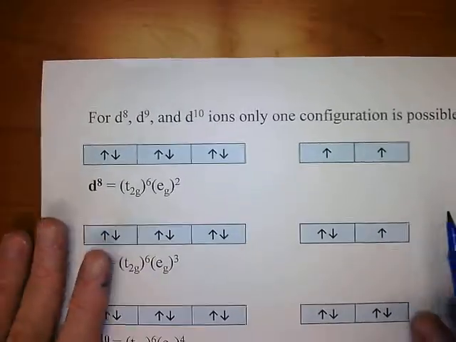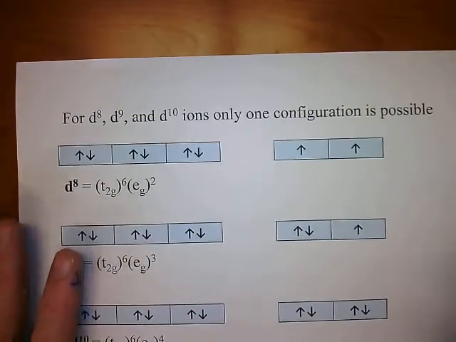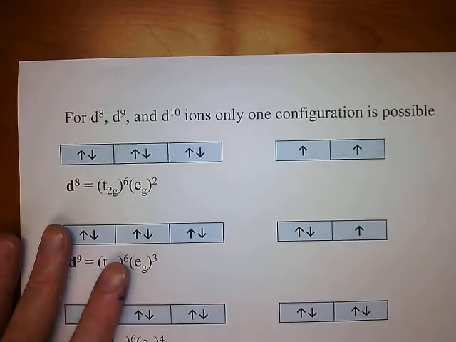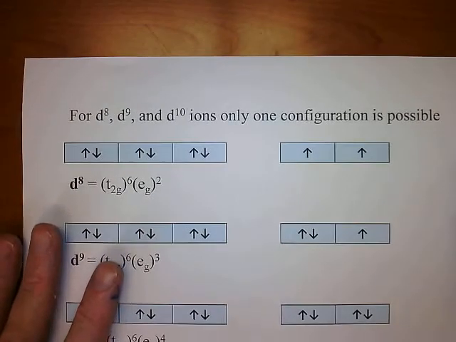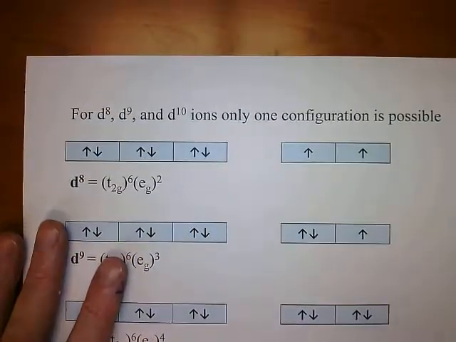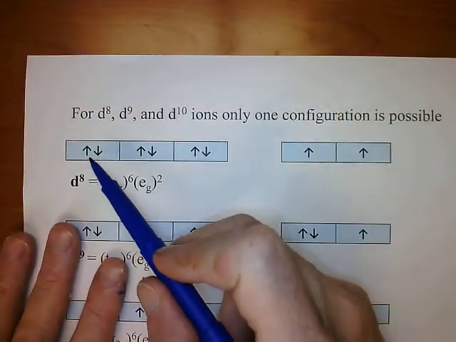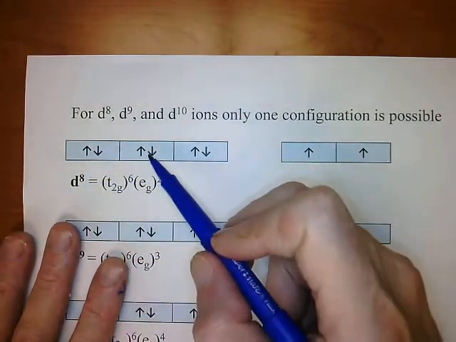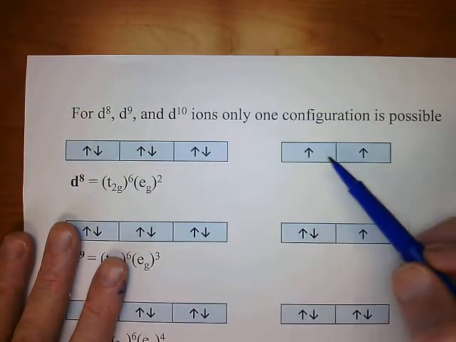For the D8, D9, and D10 ions, there's only one configuration possible. For D8, to fill this out, we would say 1, 2, 3, 4, 5.